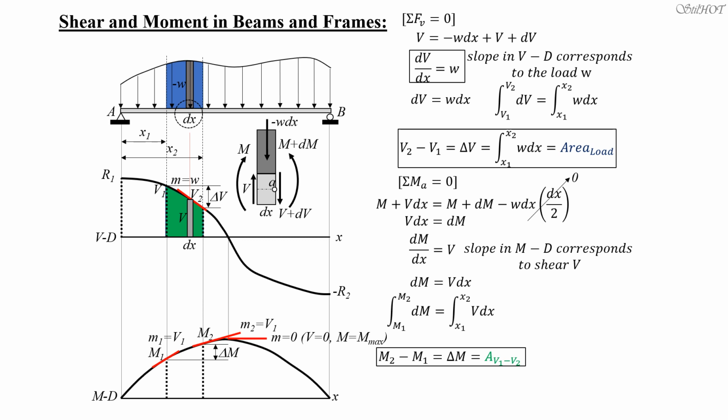So it is colored green. So delta M is equal to the area of this shear curve. So again, the change in moment between two points on a beam is equal to the area of the shear diagram bounded by those same two points.